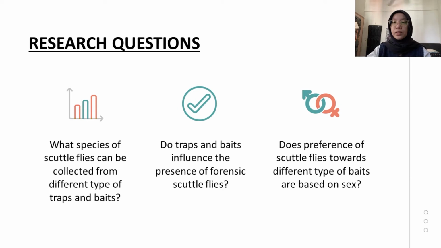Lastly, does preference of scuttleflies towards different types of baits depend on sex? We believe these questions can help us to further strategize collecting techniques of forensic scuttleflies that can be useful for forensic entomology application.